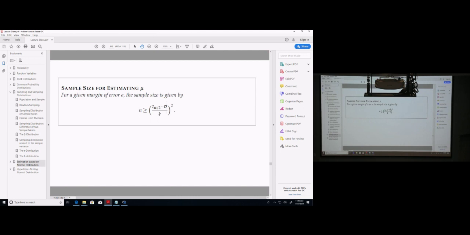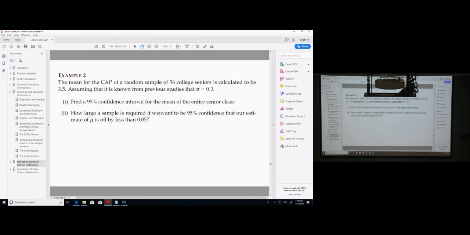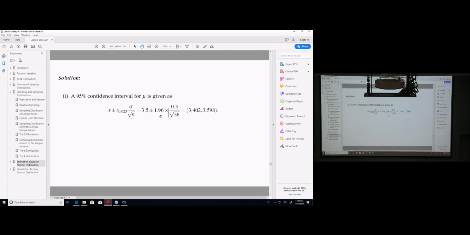Okay, so the mean CGPA of a random sample of 36 college seniors is calculated to be this, and assume that from our previous studies the standard deviation is 0.3. So we now can compute all this. This is just routine substitution of the numbers.